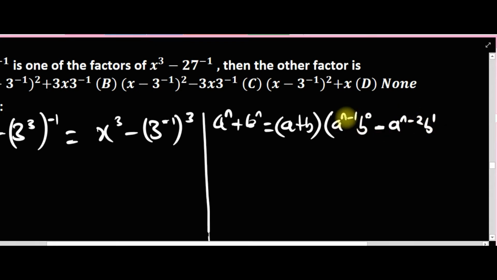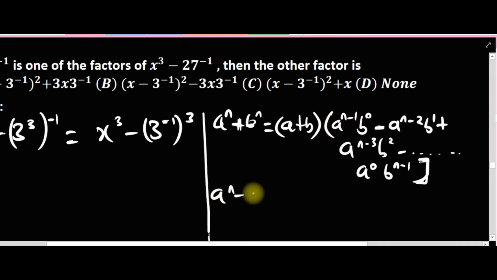So what do you notice? a will be decreasing, while b will be increasing from 0. So plus a to n minus 3, b squared. So that's how a will decrease to 0, b will increase to n minus 1. So that is a very important formula. So remember, if it's plus, the first factor is a plus b, and the second bracket will alternate, plus minus plus.